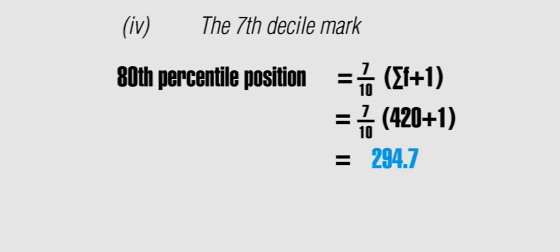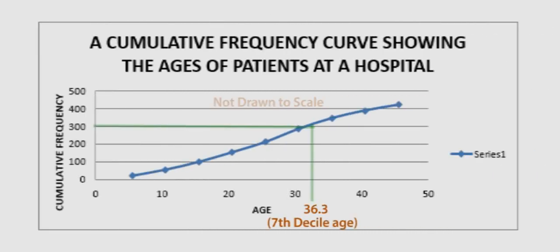Then you draw a horizontal line from the position to where the line intersects the curve. Just trace it down to the horizontal axis and then read that particular score, and that will give you the 7th decile mark. The corresponding value is 36.3 years.